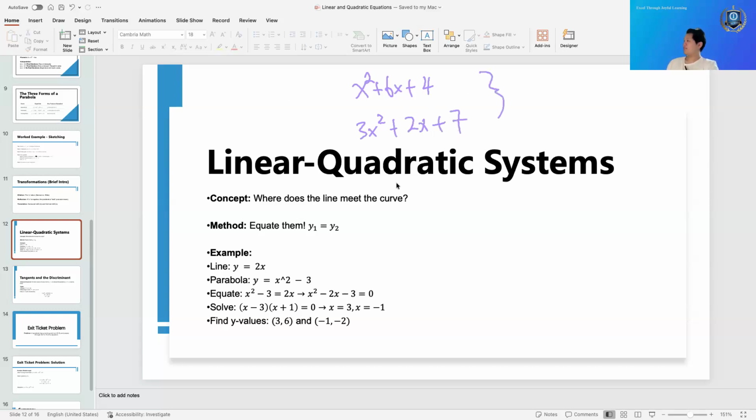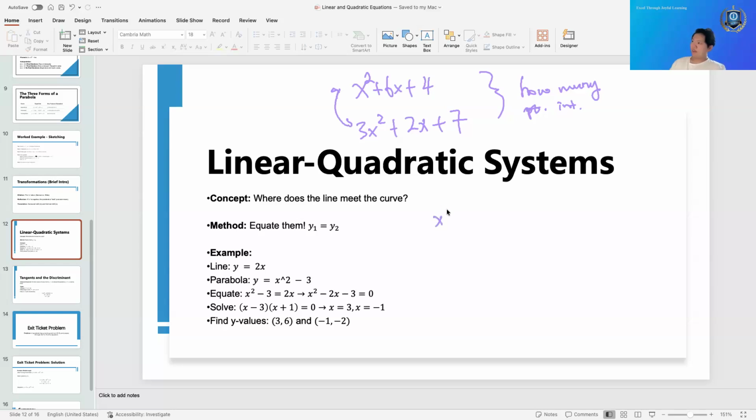Two graphs that look completely unrelated. If I were to find how many points of intersection, what would I do? It's the same thing, right? I would equate them together.